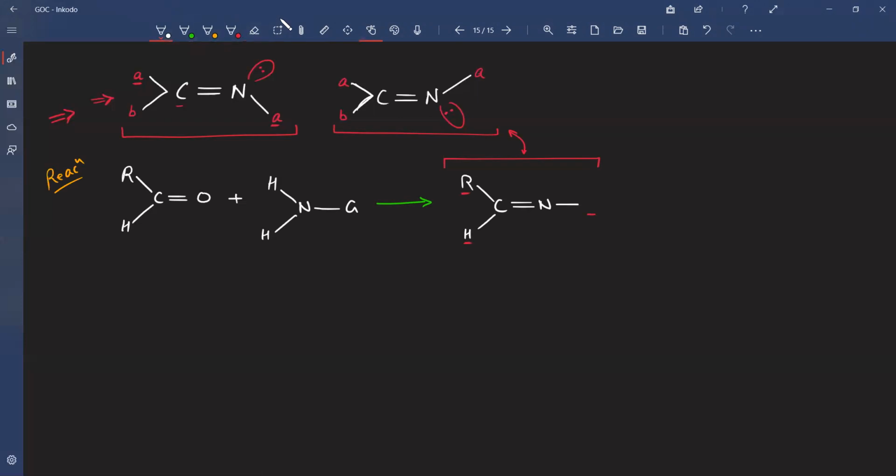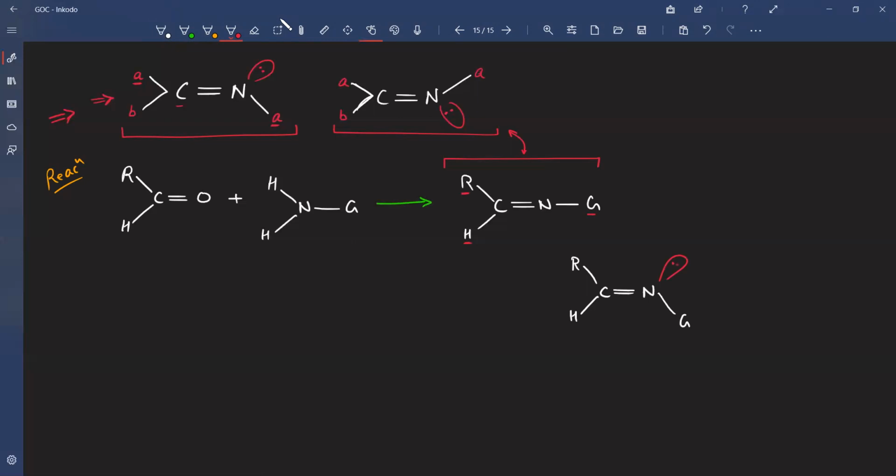In order to understand the reaction, this should be the picture. But if you want to understand the possibility of geometrical isomerism, then a better representation will be this. So this will be the situation which you will find.